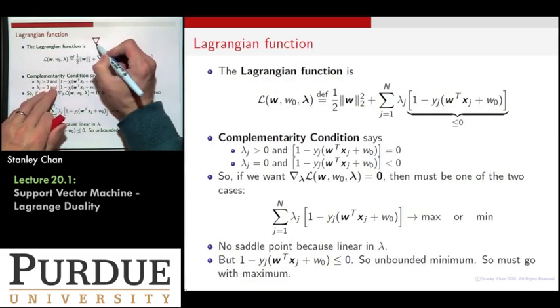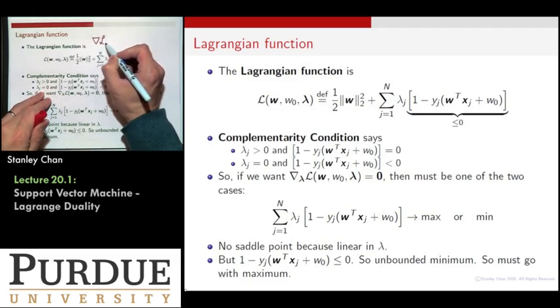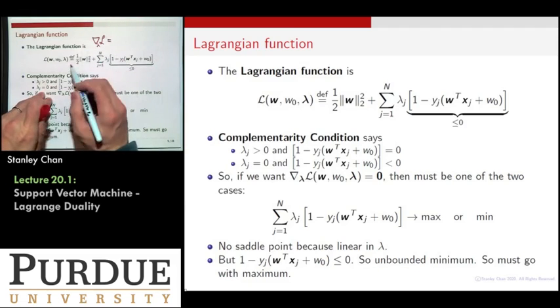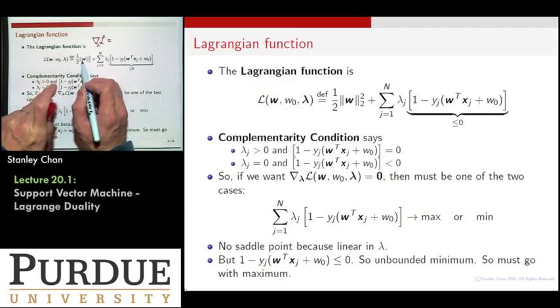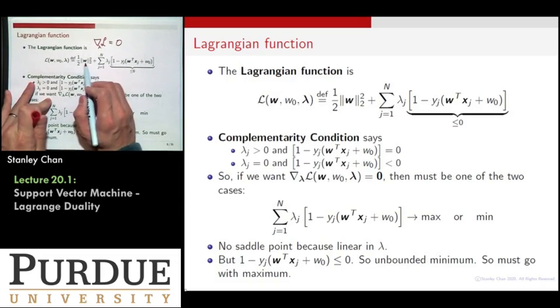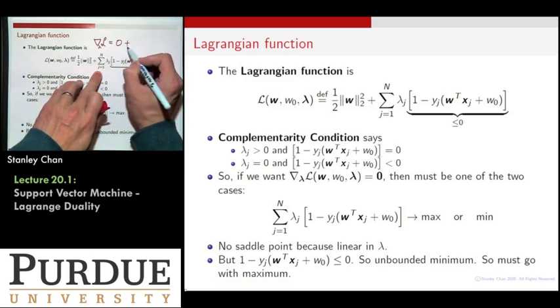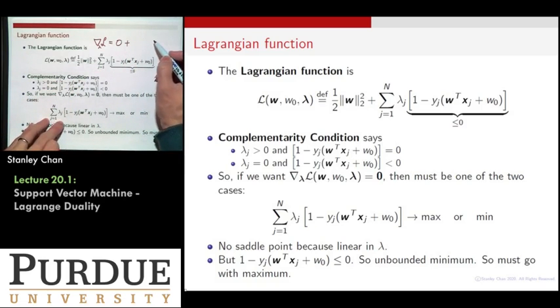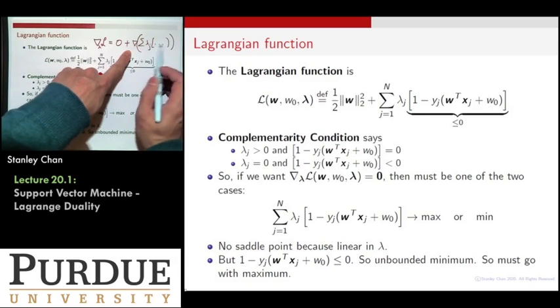Well, if you take the gradient of L with respect to lambda, what is the gradient of this? That will become 0. Why? Because it doesn't contain lambda. How about the other guy? The other guy would just be the gradient of this summation. Well, I'm not evaluating this, right? But you can see that it will be the gradient of this quantity.